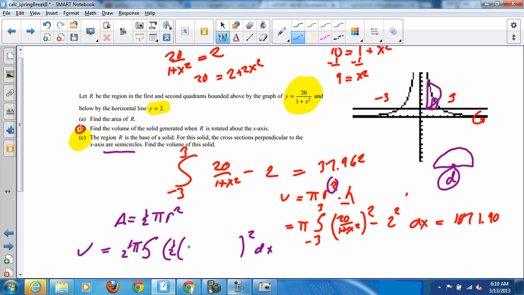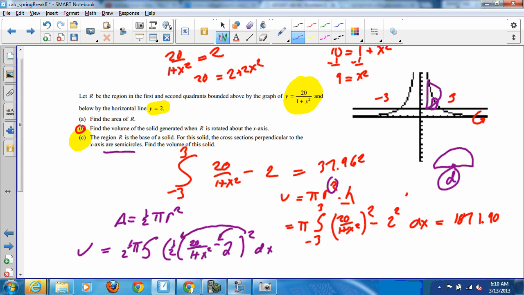Alright, so we have what? 20 over 1 plus x squared minus 2. Okay. And this is a little shortcut. We're going to have to distribute this square to both of these members.